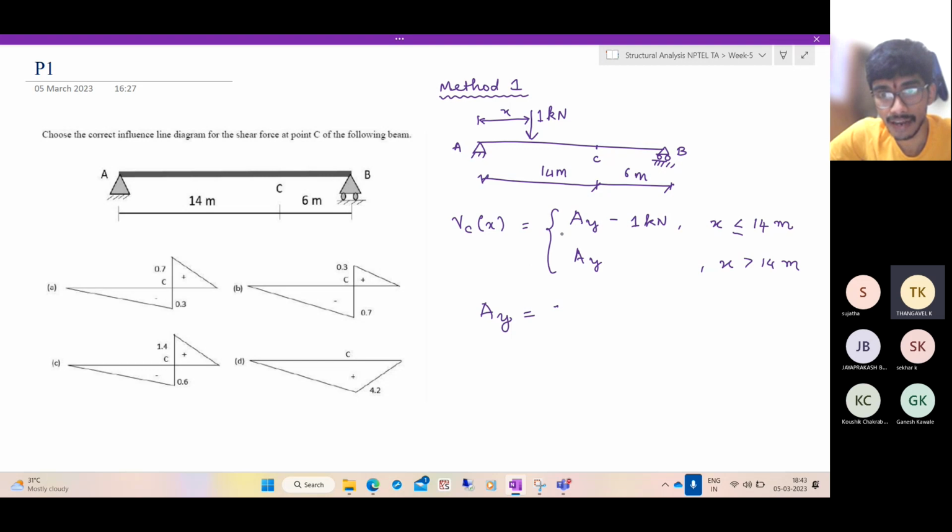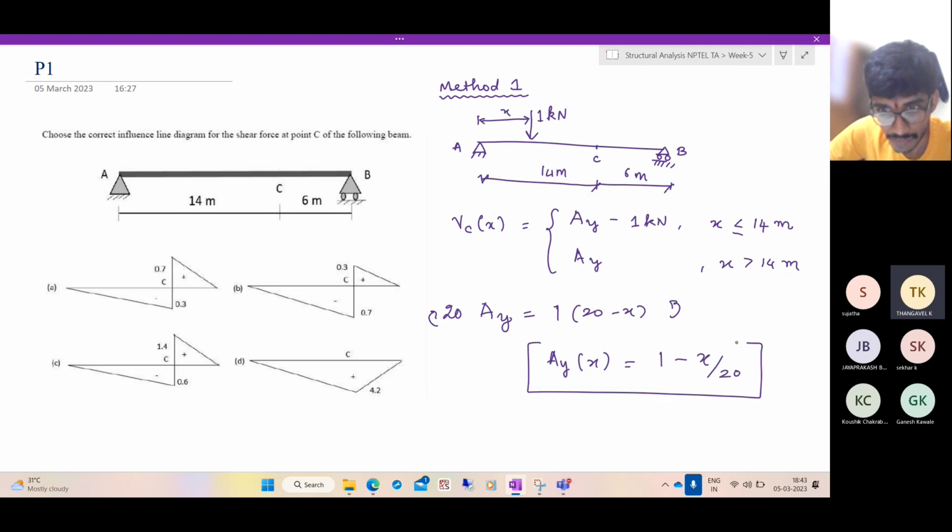About the point B, AY into 20 will be a clockwise moment, and that is equal to the counterclockwise moment, which is 1 into 20 minus X. So AY into 20 is equal to 1 into 20 minus X, which means AY as a function of X is 1 minus X by 20. Units are kilonewtons, because it's a force.